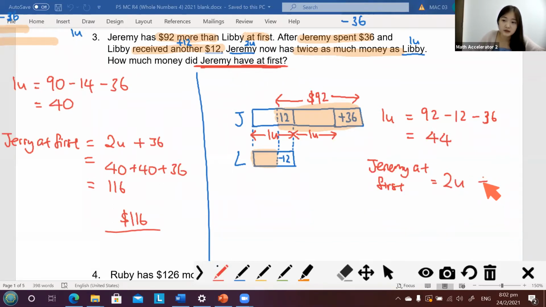Yes, same as the previous questions. You have to add 36 because they want Jeremy at first, which means he has not spent the 36. Keep that in mind. So 44 plus 44 plus 36, because each unit is 44. Final answer? One, two, four.